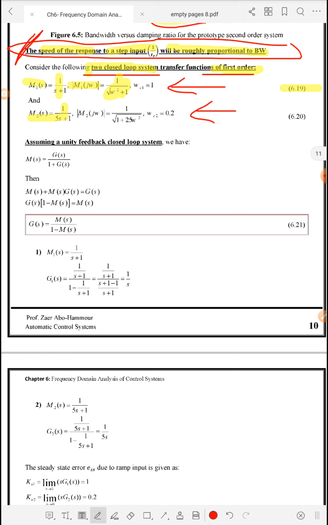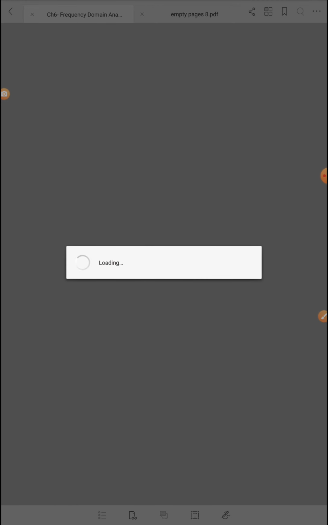So the second one is closer to the j omega axis, while the first one is farther to the left. What do we mean? Let me explain it on this page.